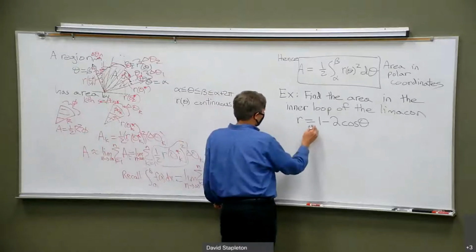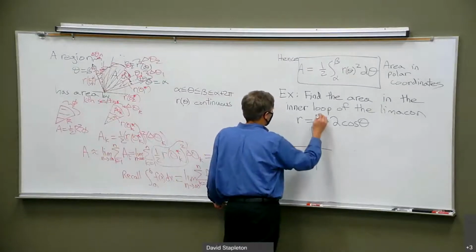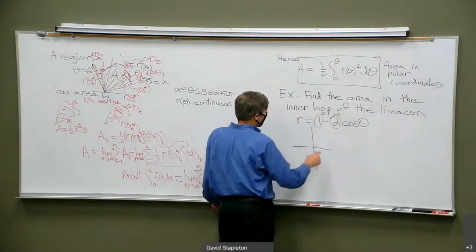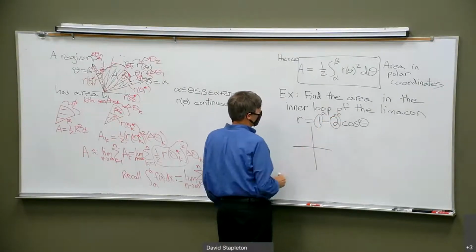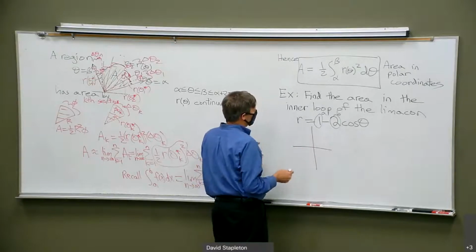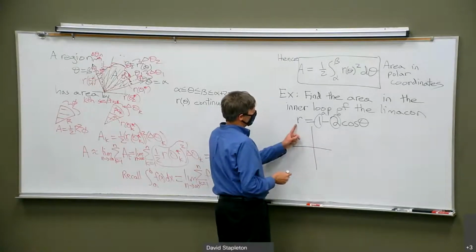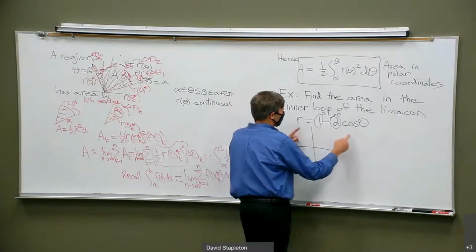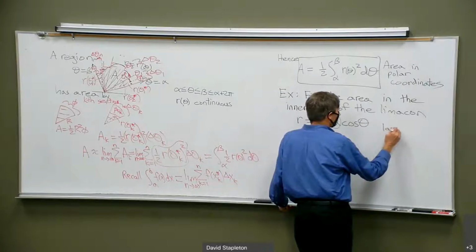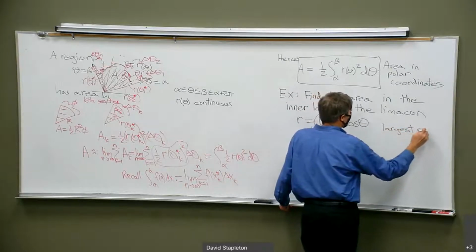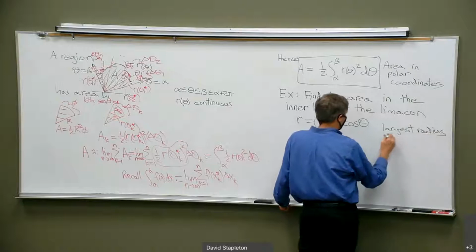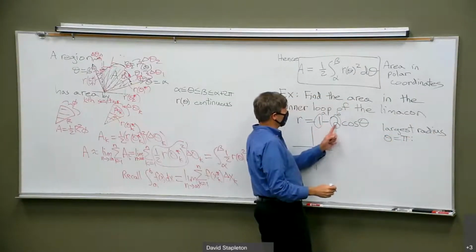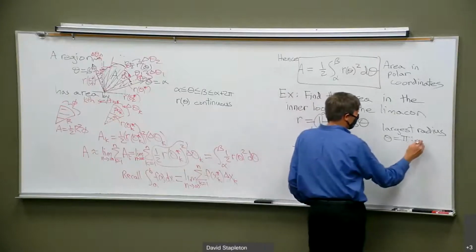What you do is this. You say, I remember how these work. This is a plus or minus b cosine theta. If b is bigger than a, it's a limaçon of the loop. You have to think, what is the largest radius I can get? The largest radius I can get is when cosine is -1. Then I get r equals 3. So largest radius at theta equals pi. Then I got r equals 1 minus 2 times -1 is 3.